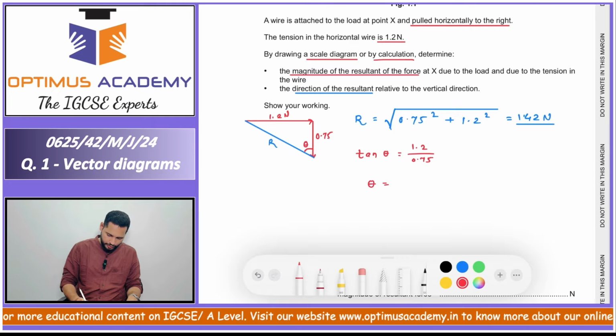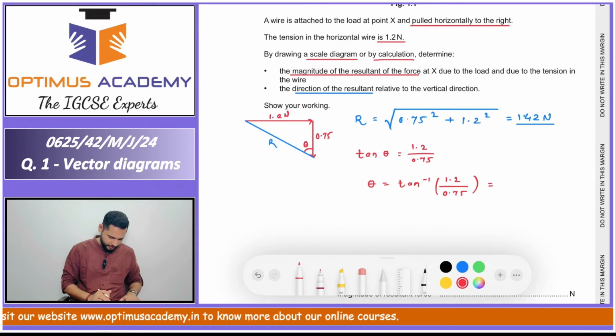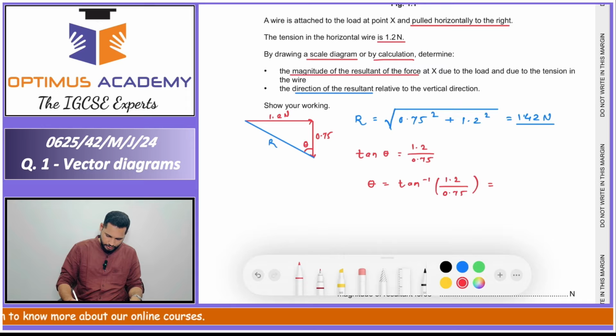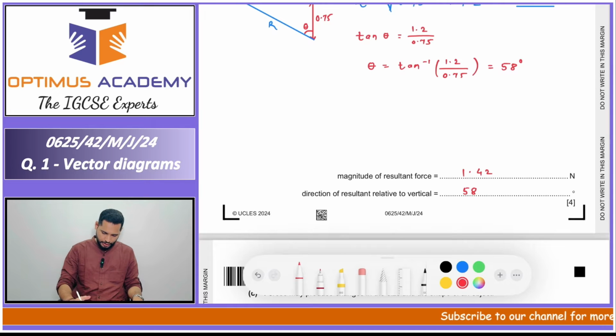So theta will be tan inverse of 1.2 divided by 0.75. The angle is 58 degrees. So our resultant is 1.42 Newton and the angle to the vertical is 58 degrees.